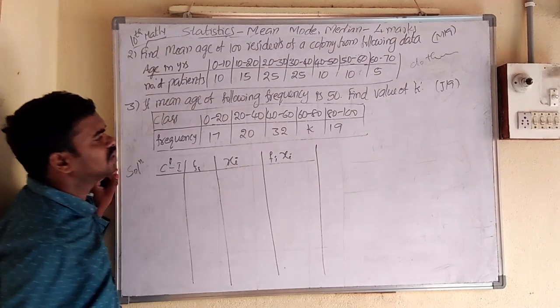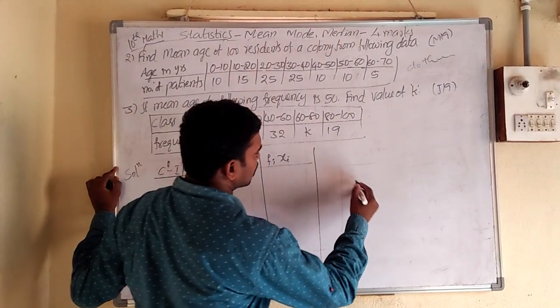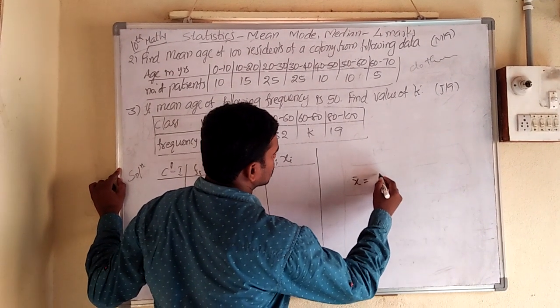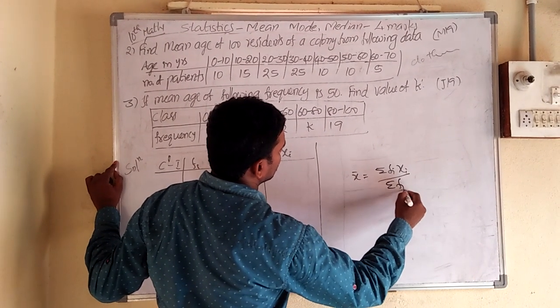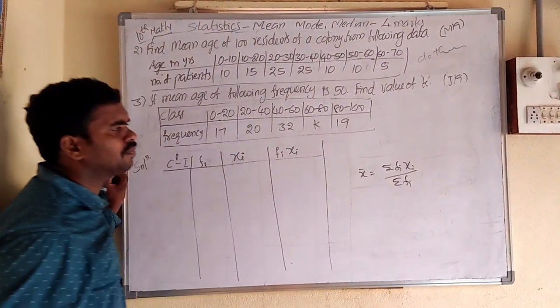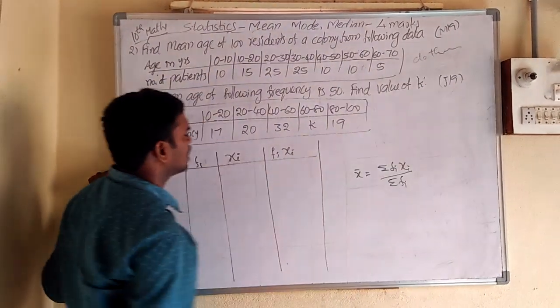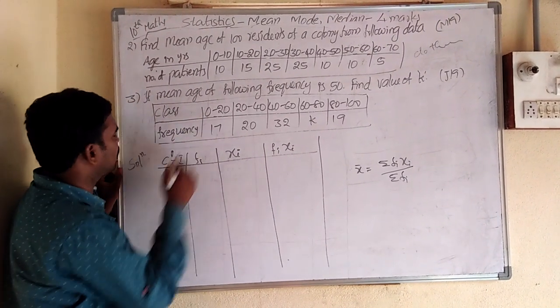So this is enough because we use the direct method formula. What does that mean? Mean x bar equals summation fi xi by summation fi. So this is the main formula, the direct method. So we just need f and x only. So these are enough.